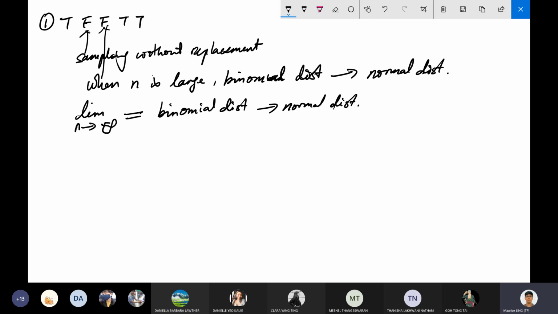Now, in statistics, we always talk about this thing called approximation. So what is approximation? Remember when you do any lab experiment, do you think that your pipetting is going to be 100% perfect? No, right? Because with your pipette, you can have calibration error.